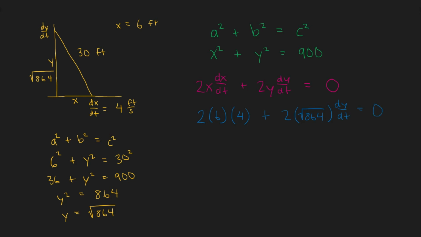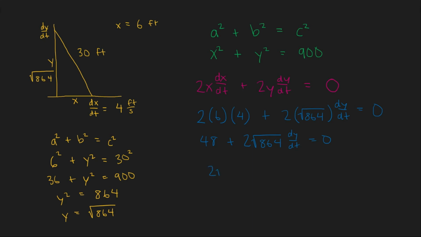And from here, now we have what we need to solve for dy dt. So let's do that. We know that 2 times 6 times 4 is 12 times 4, which is 48. 48 plus 2 root 864 times dy over dt equals 0.